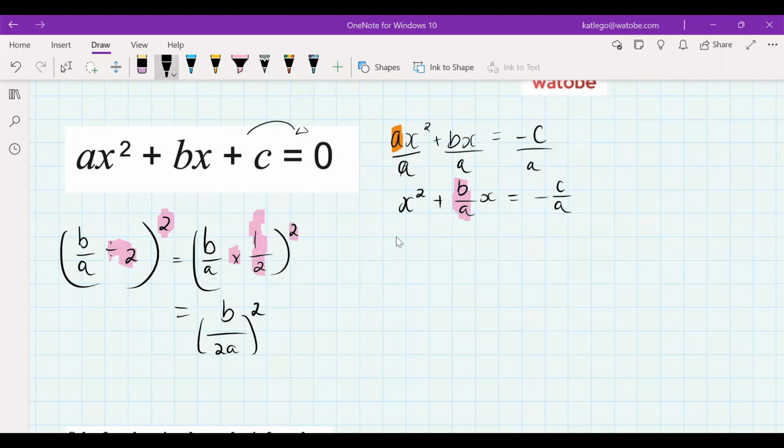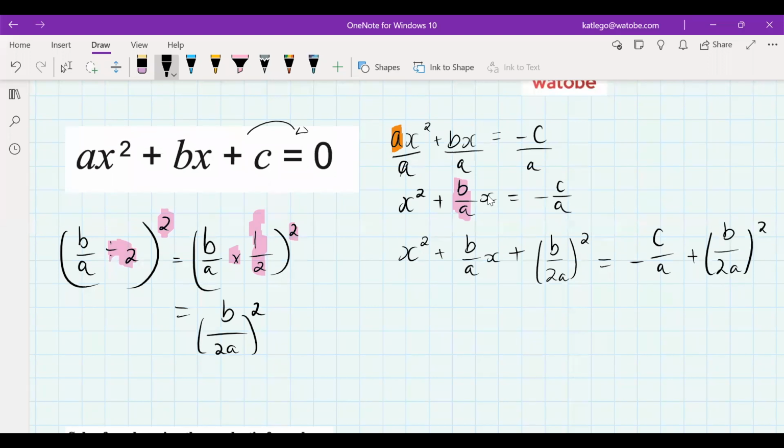So now we have found x squared plus B over A x plus our little sum that we did over there, which is B over 2A squared, equals... what we do on the left, we do on the right. If you first want to write it on the left and then transpose it, that's fine.